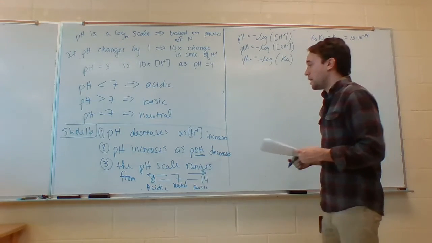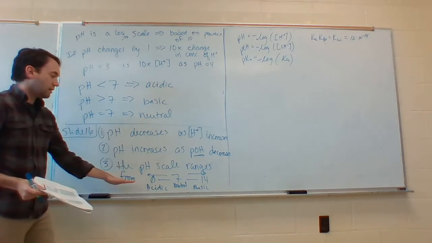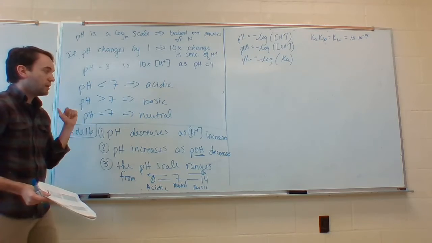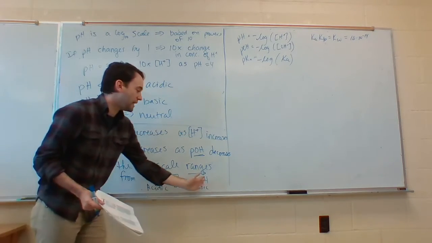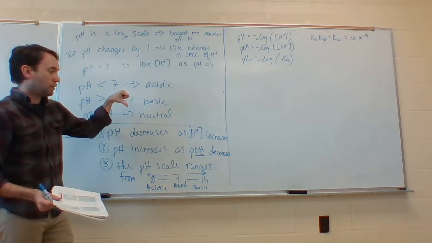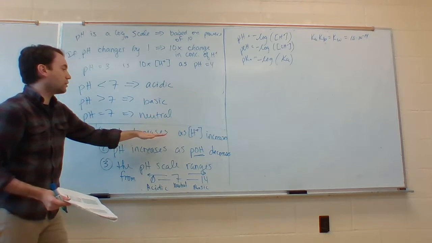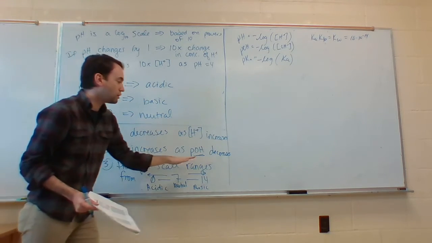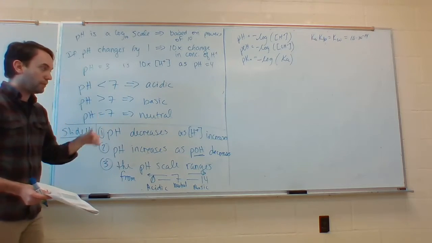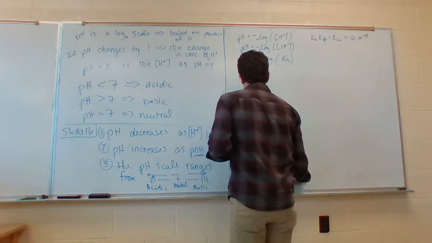All right, and also remember that as you become more acidic, your pH is going to go down and your concentration of H+ is going to go up. And as you become more basic, your pH goes up, that means that your concentration of H+ is going to go down, but your concentration of OH minus is going to go up. Okay, so let's write that.